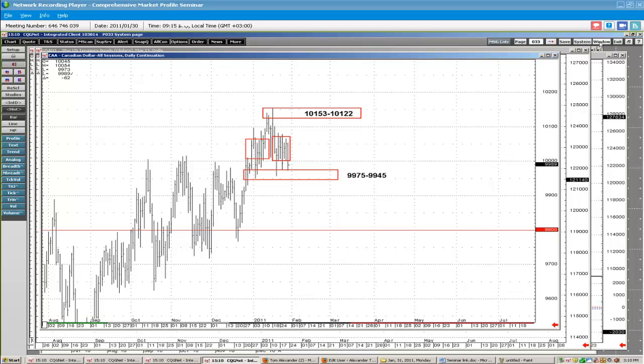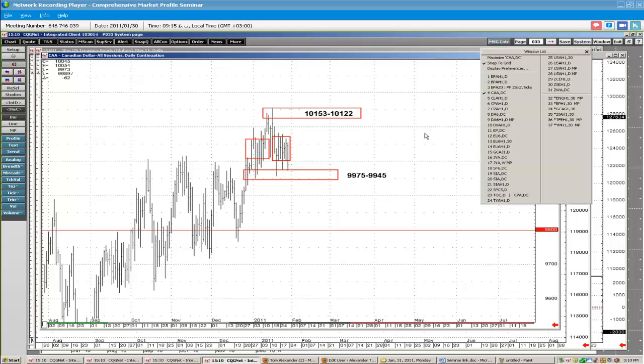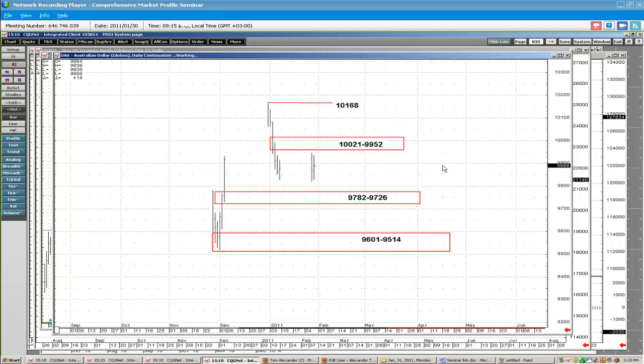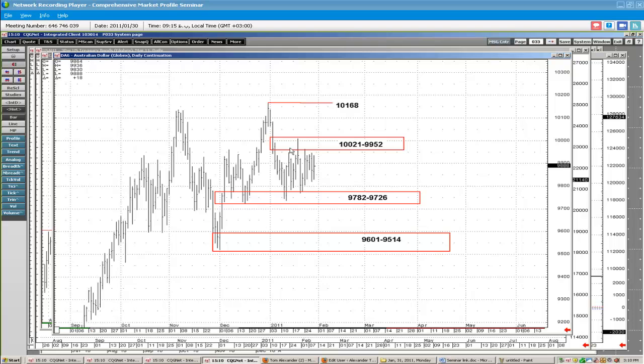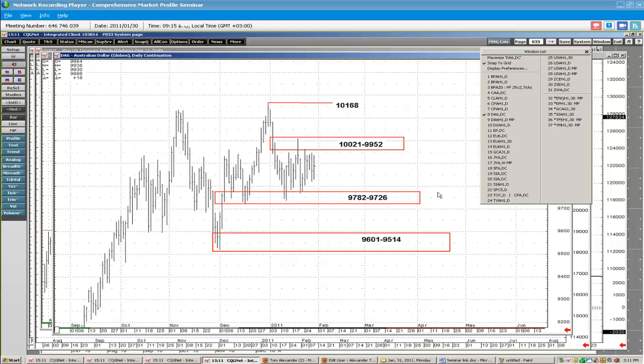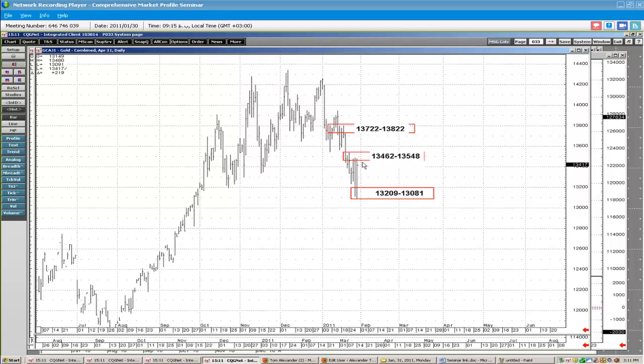Let's see. The Australian dollar is also coiled up. It's in a mature balance area. Take gold. Now, Harris talked about gold. And gold looked for all the world like it was going to zero on Wednesday or Thursday, and now we V-bottomed in this area just below the low extreme.